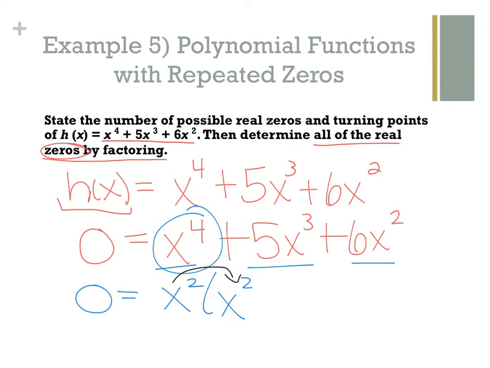From 5x cubed, that leaves me with 5x. And if I factor out an x squared from 6x squared, that leaves me with a positive 6.